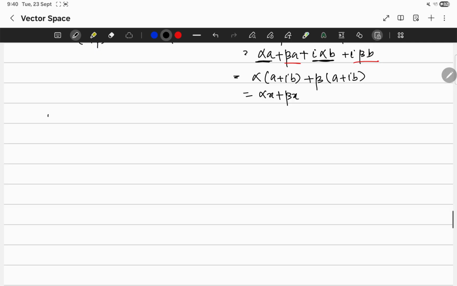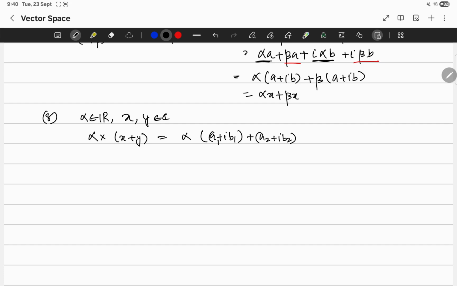Now the eighth property, take one real number and two complex numbers, so then alpha times x plus y. That is alpha times A1 plus iota B1 plus A2 plus iota B2, so it is alpha times A1 plus A2 plus iota B1 plus B2.